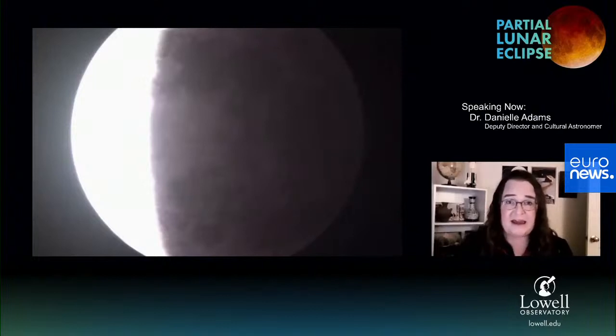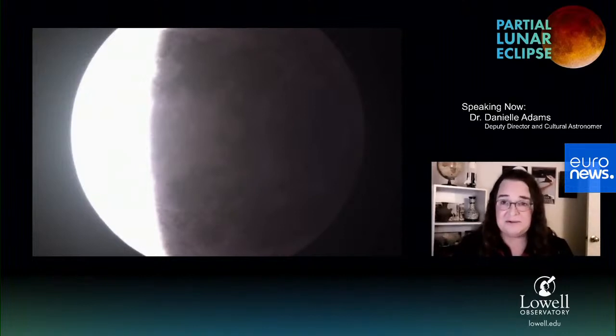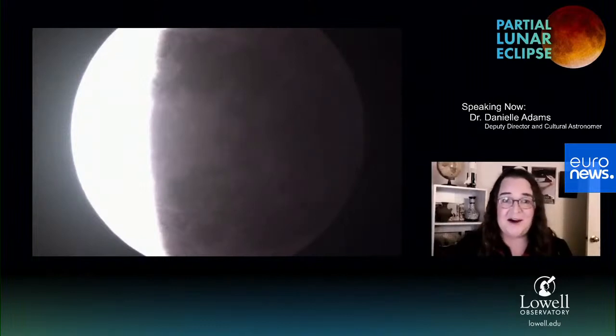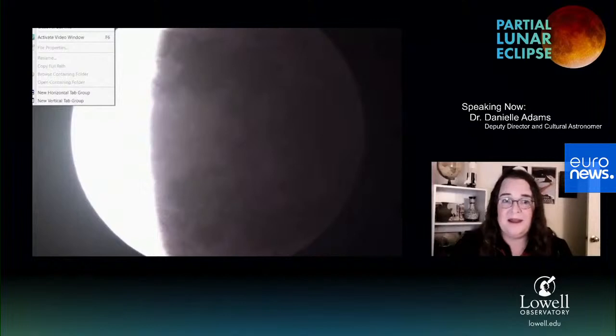And this is a 97% partial lunar eclipse, so it's really quite close to a total eclipse. And we're starting to see in the view of the camera that really nice red color starting to come through. So just a beautiful image. I'm certainly enjoying this. I hope you are as well.